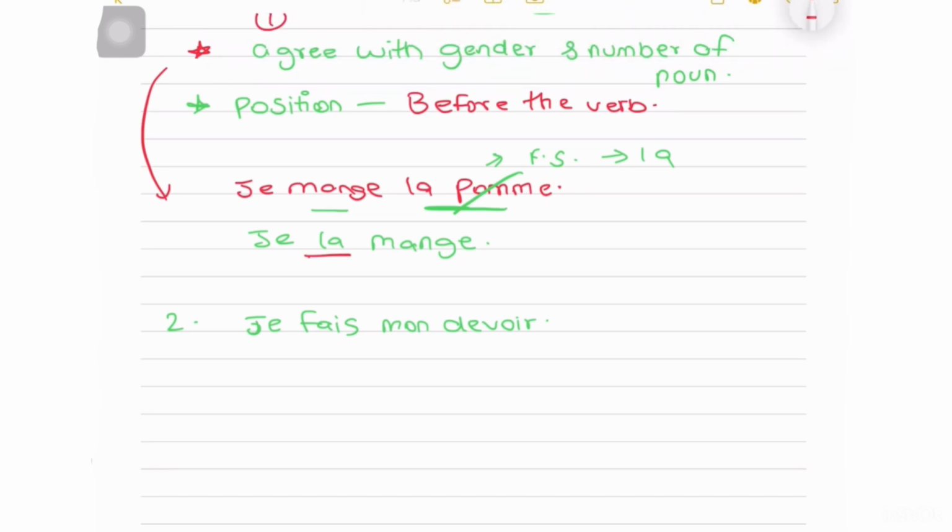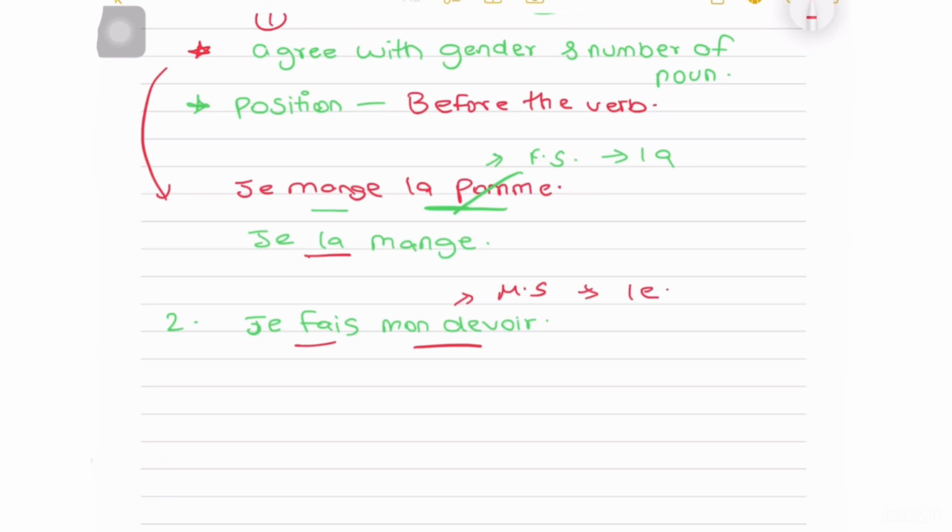In the same way, if I have the statement je fais mon devoir, I do my homework, and I want to say I do it. First thing, this is my verb, this is my noun, and nothing between them means COD. Then I have to replace mon devoir. What is it? Masculin singulier. And I can also ask the question, you do what? Quoi? That is quelque chose, something. So here, for the masculin singulier, I will put le.